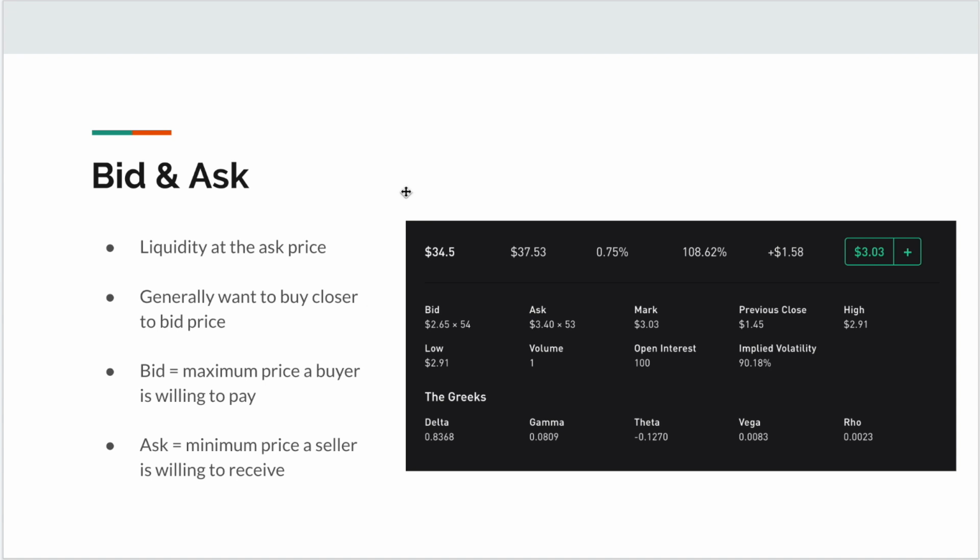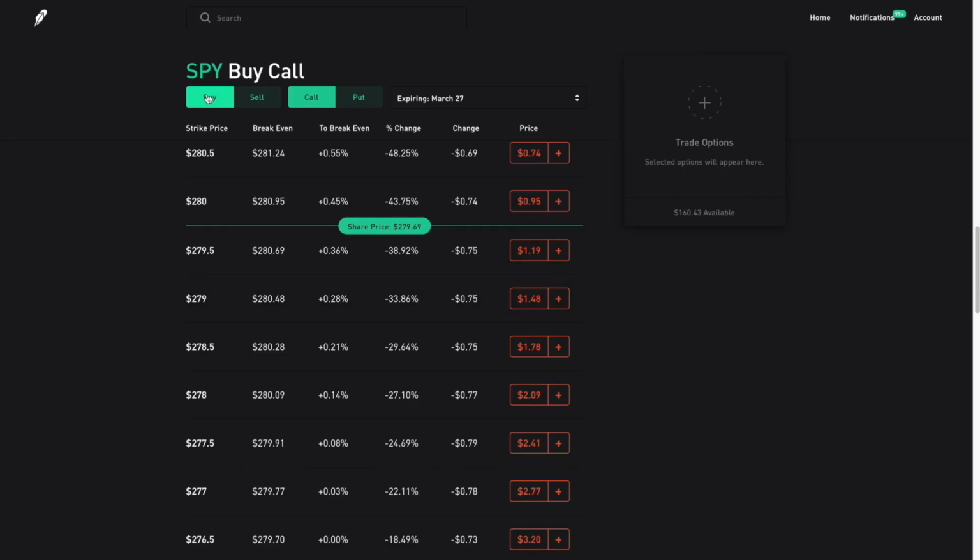Before we jump into volume and open interest, let's go into an example of different options under SPY, which is the S&P 500, and a smaller stock, and compare the bid and the ask between the two. Here we've pulled up S&P 500 call options expiring March 27th, and we're only here to compare the bid and ask versus other stocks.